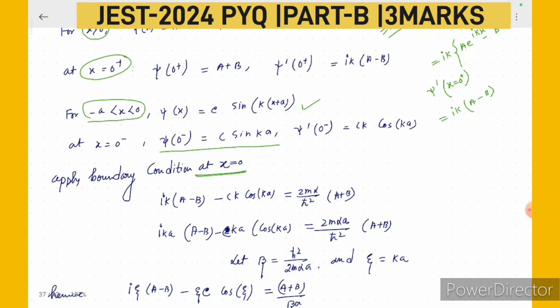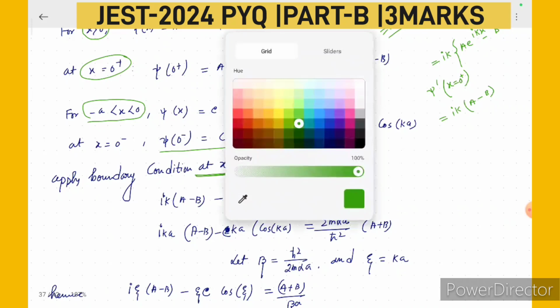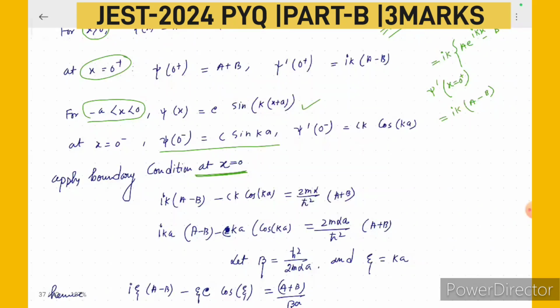This is the value of the first derivative at x equals 0 plus, and this is the value of the first derivative at x equals 0 minus.